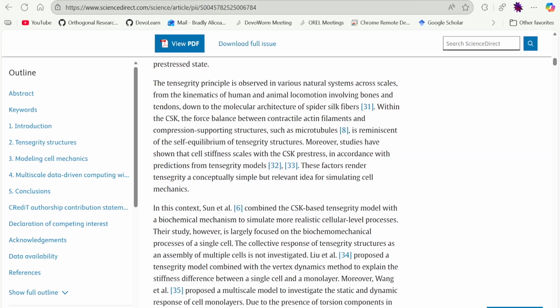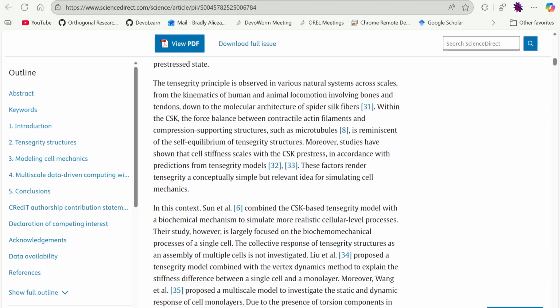And so within the CSK, which is the cytoskeleton, the force balance between contractile actin filaments and compression supporting structures such as microtubules is reminiscent of the self-equilibrium of tensegrity structures. So they're talking about mechanical tensegrity structures, such as geodesic domes and things like that. And so there's this idea of opposing forces balancing each other out. And that's what they're trying to get at here.